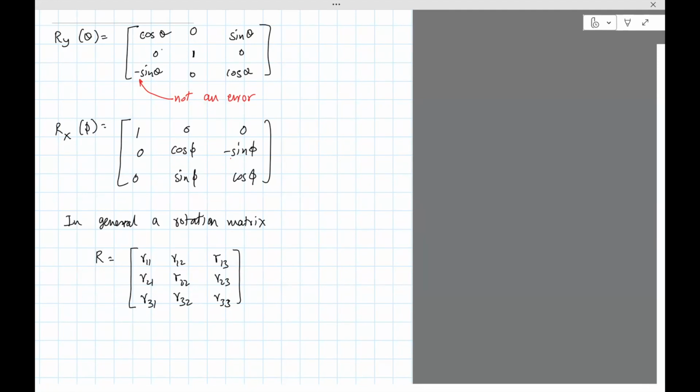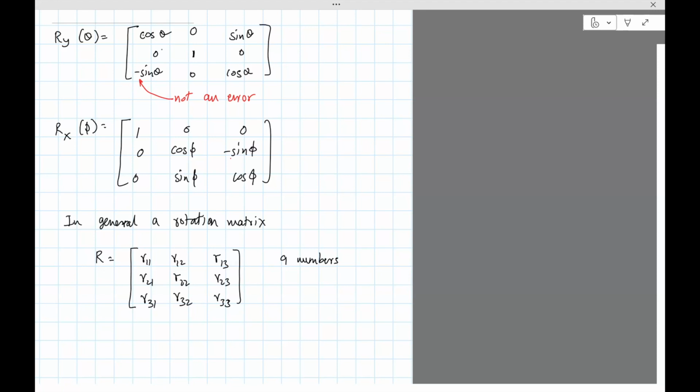Clearly, these are 9 numbers, right? 9 elements in the rotation matrix. But what a rotation matrix really represents is rotation about the three axes: rotation about x, y, z, or you could also have x, y, x. So we really don't need 9 numbers to represent a rotation matrix. So how is that possible?